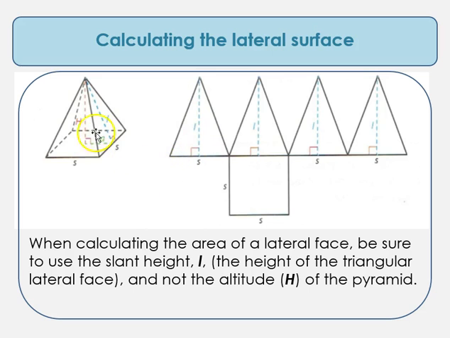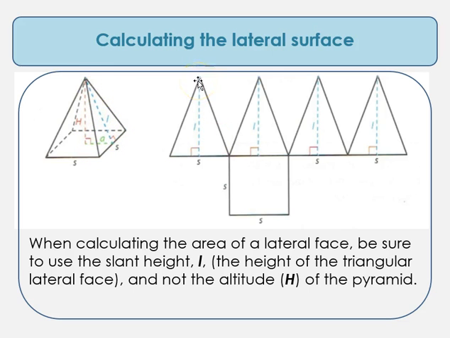Now, so that we don't confuse these with the altitude that's dropped inside of this pyramid, this is called L, and we also call it the slant height. So from now on, we'll refer to this as slant height. If you look at the triangle, you see that it is slanted, so this makes sense.